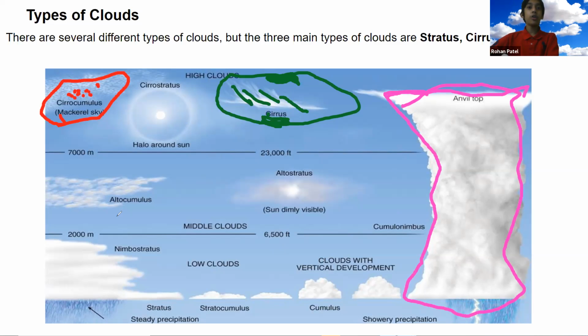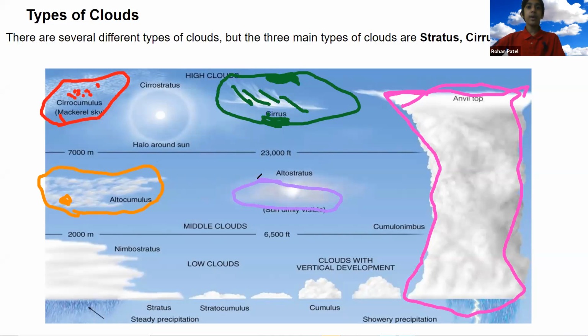Next, we have altocumulus. Those aren't wispy, but they aren't mackerel-y either. They are bigger and thicker than our cirrocumulus. Next, we have our altostratus, the sun dimly visible. It's kind of dark, but it's not as dark as, it won't become like a nimbostratus cloud.